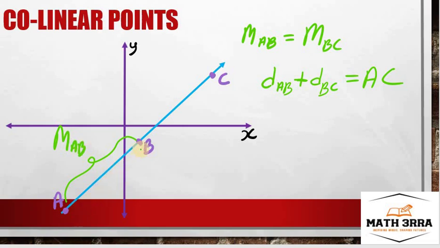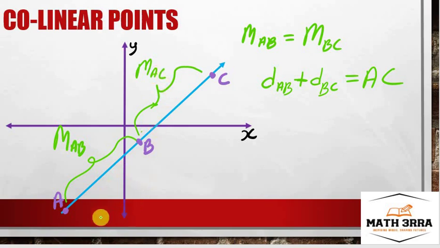Seeing as AB is the same straight line as AC, that simply means that the gradient of AB is going to be equal to the gradient of what? You guessed it, the gradient of AC.